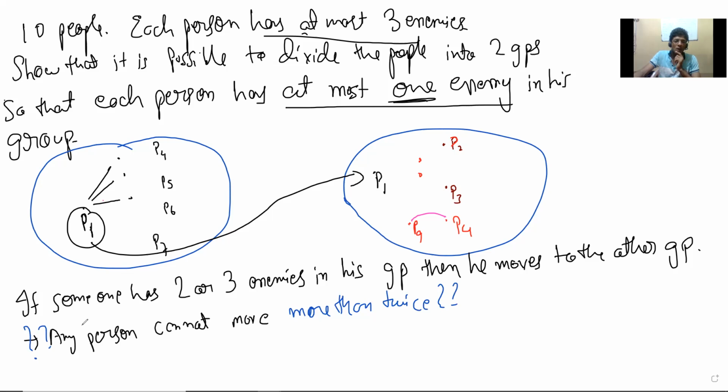No, because they don't care about P1, right? Let's say that this is P8 and P9. So P8 and P9 move here, but not for P1. When someone moves to a different group, it's because they are trying to avoid the enemies in their own present group.